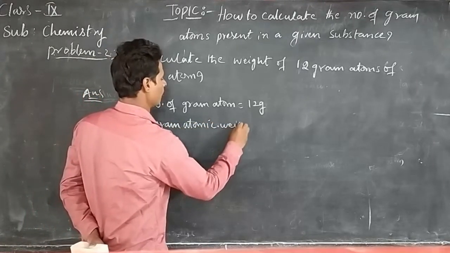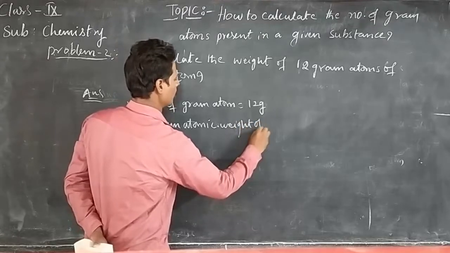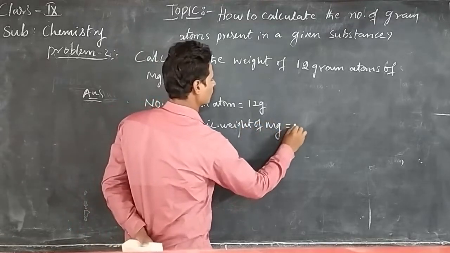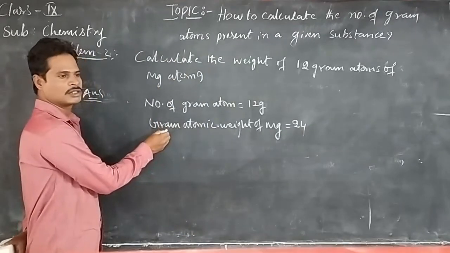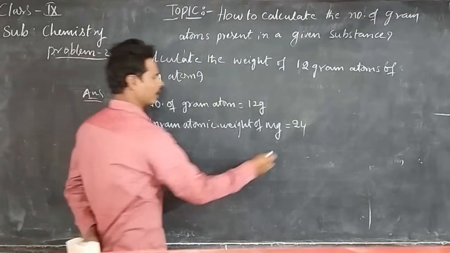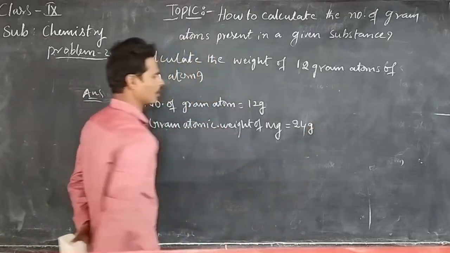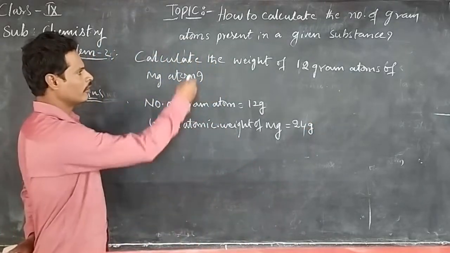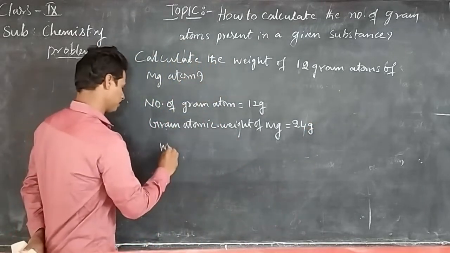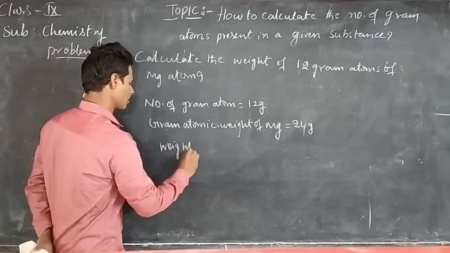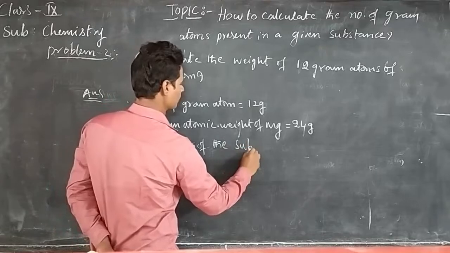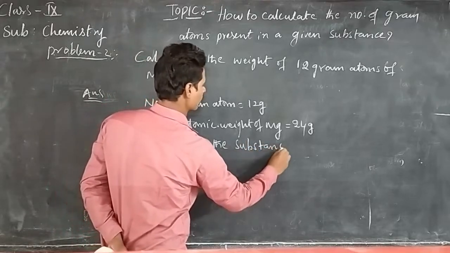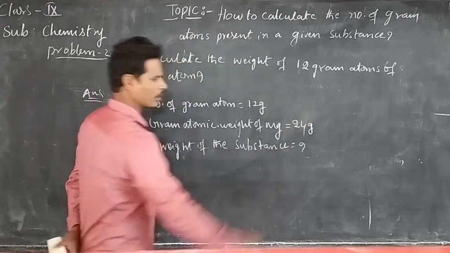Atomic weight of magnesium equals 24. Atomic weight expressed in grams is called gram atomic weight. That's why we should write 24 grams. Which one do I have to find out? Weight of the substance equals question mark.